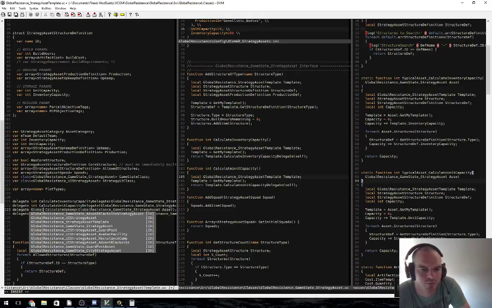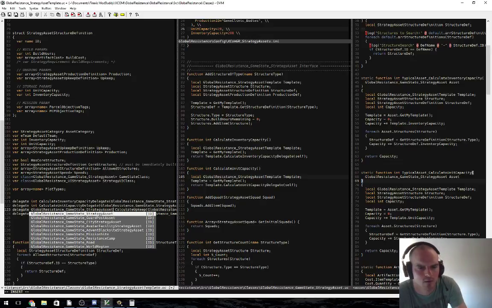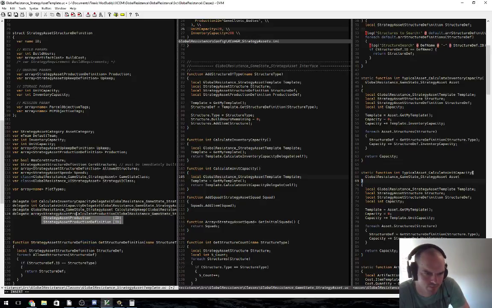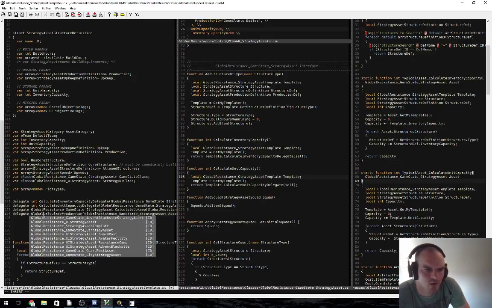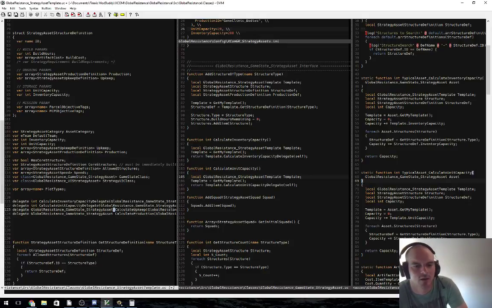So global resistance game state strategy asset. But the standard thing it's going to do is going to take everything that's sort of there and just turn it into something that's good to use.